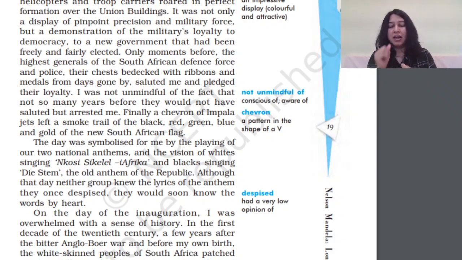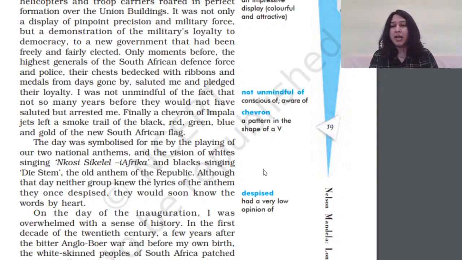It's interesting again because Die Stem was the national anthem before Mandela was elected president, during the apartheid days. So this was basically the government's national anthem. Nkosi Sikelel' iAfrika was a song sung by the people who were resisting the government, who were fighting against apartheid laws.